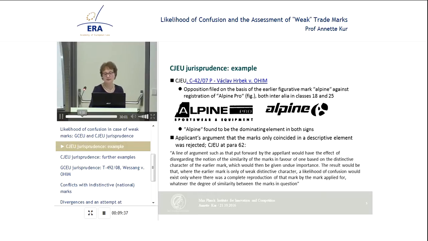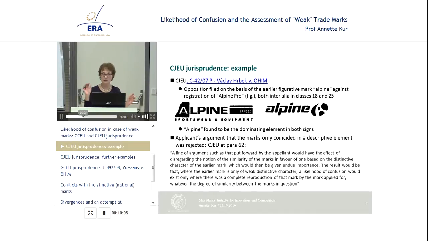So how does this then play out? I gave you in the following a couple of examples. This has started earlier, and I'll give you other references to cases, but I chose this as an example to consider the effects of the court's jurisprudence. So this was for products that were largely similar.